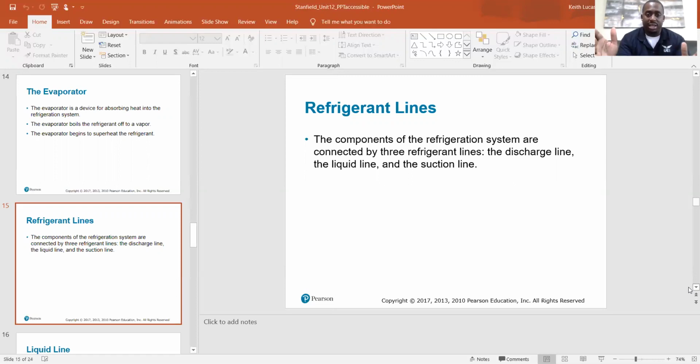Then you have the suction line coming from the outlet of the evap coil getting sucked into the compressor, which is why they call it the suction line. So that transphase line is the one that they usually leave out. They just consider from the condenser outlet all the way to the evaporator inlet to be the liquid line. But a part of that line is the transphase line, and that part would be after the metering device.